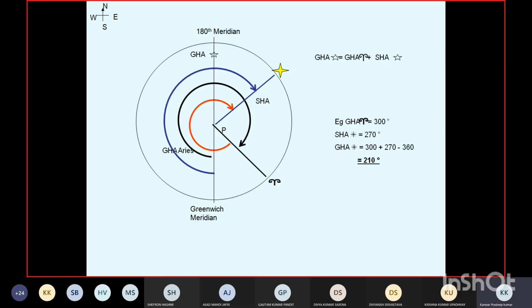Take a few moments to see this diagram properly. If you want, you should draw it in your notebooks also. If you draw, it will be imprinted in your mind. Don't go too much by recordings. I will see again when I have time. This particular focus, what we are sitting and doing, you will never get again. Remember that. So GHA star is equal to GHA Aries plus SHA star.